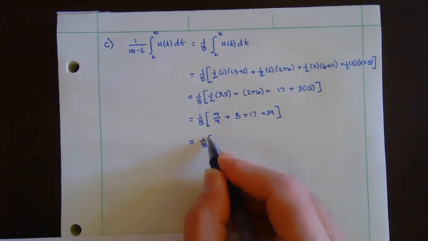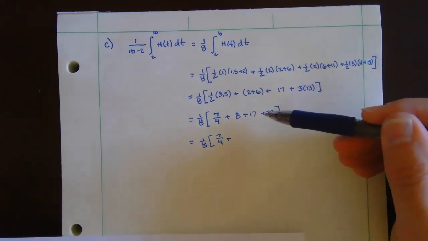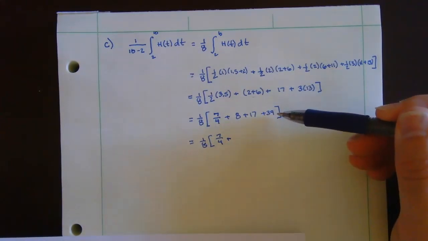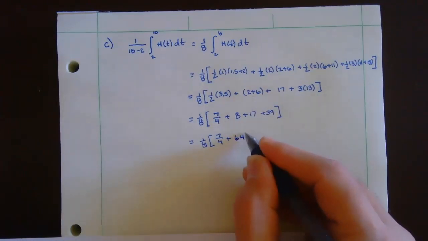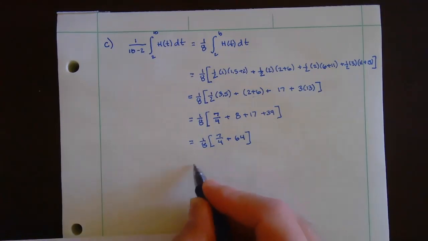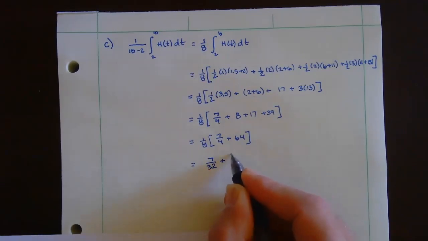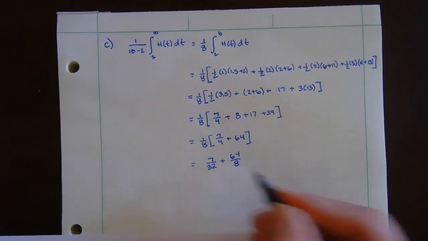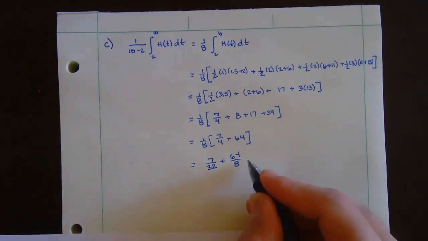So this would be 1/8 times 7 fourths plus 64. I'm just checking my math in my head. Yeah, and then this would be 7 thirty-seconds plus 64 eighths. I'm going to want to multiply by 4 over 4 and get a common denominator.